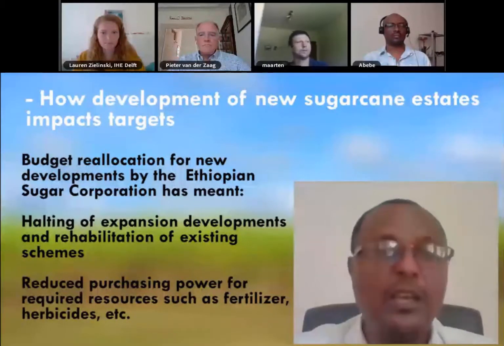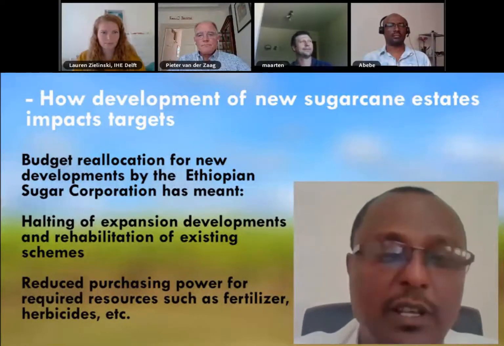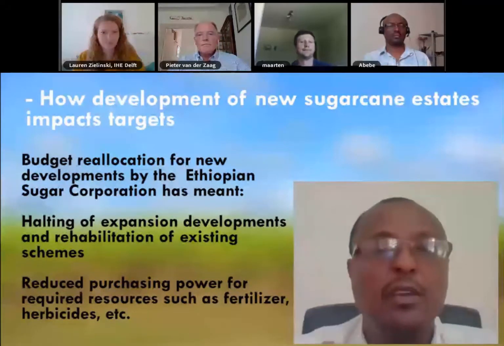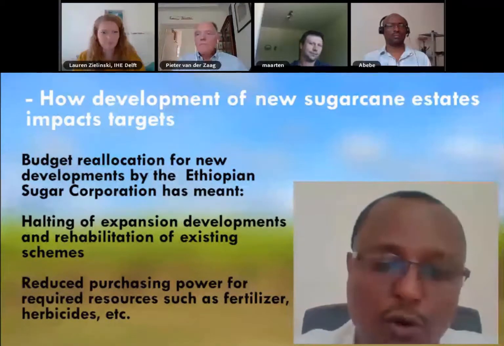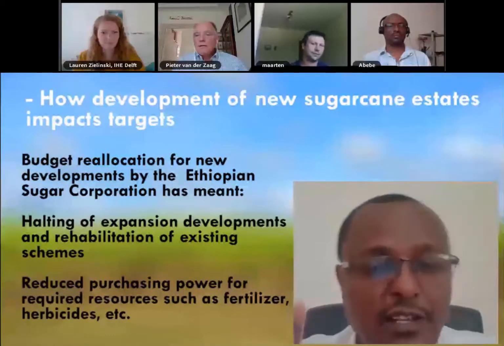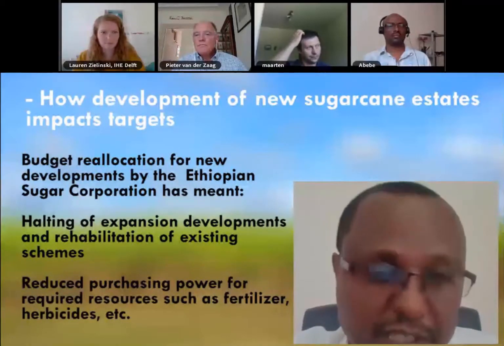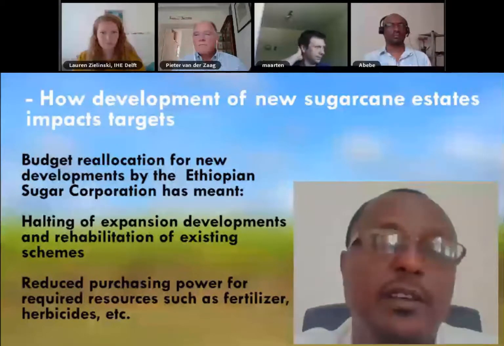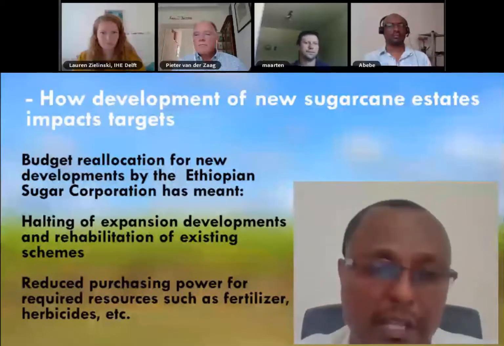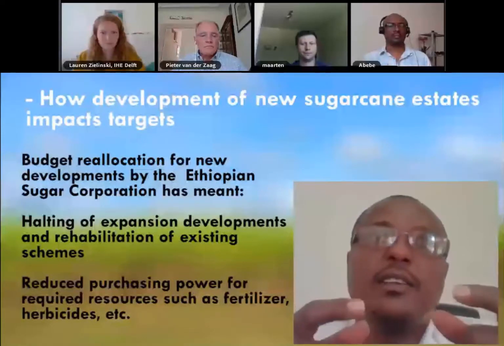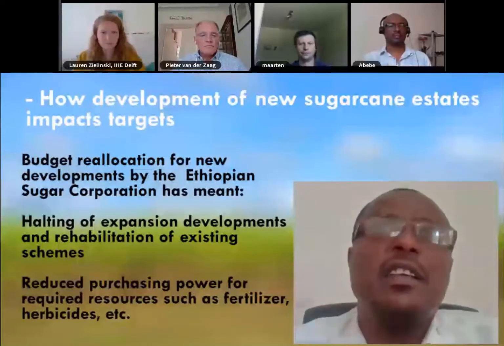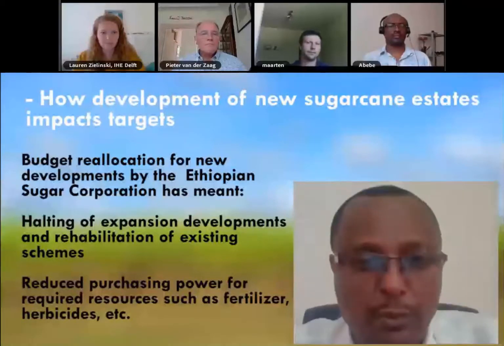The Sugar Corporation also planned 10 new sugar factories, both agricultural and factory. That also has a great impact on our target, because there is a very great financial problem.